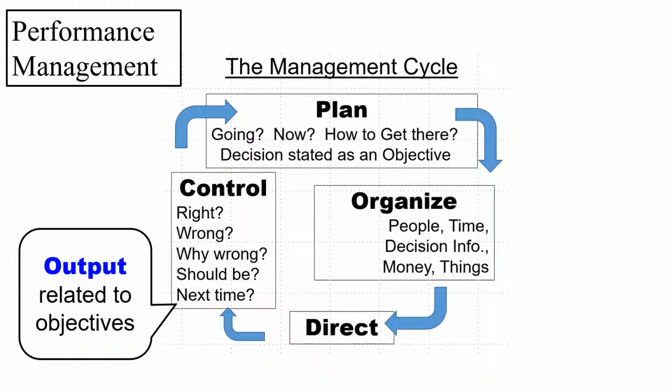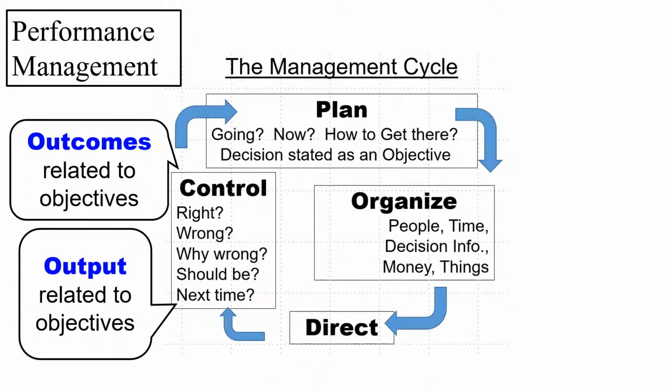We get output. The members of the organizations do their work and they produce output related to objectives. And hopefully what we get is desired outcomes, but they're not always the same.